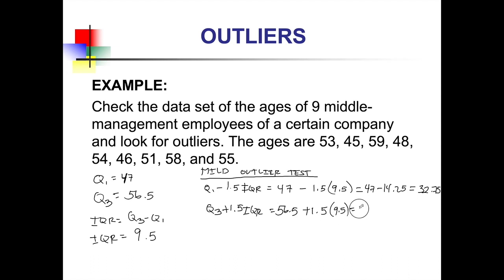So, this will be 56.5 plus 14.25, and that is actually 70.75.